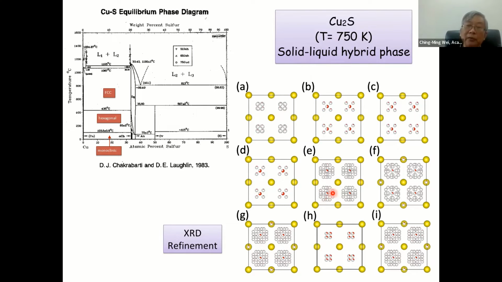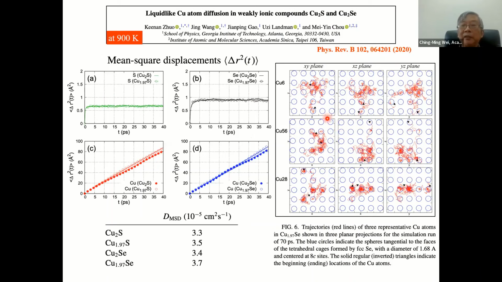So by doing the MD simulation, you can see the copper is moving around all over the crystal framework of the sulfur atoms. And if you plot the mean square displacement, you will see a straight line, and this straight line gives you the diffusion constant, and if you have the temperature dependent diffusion constant, you can get the diffusion barrier by the Arrhenius equation.